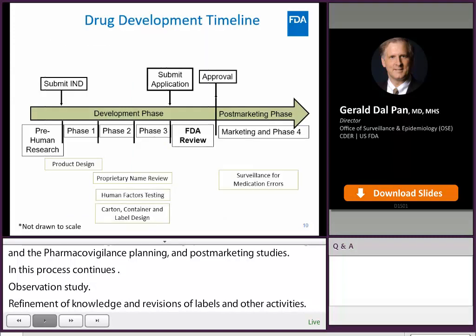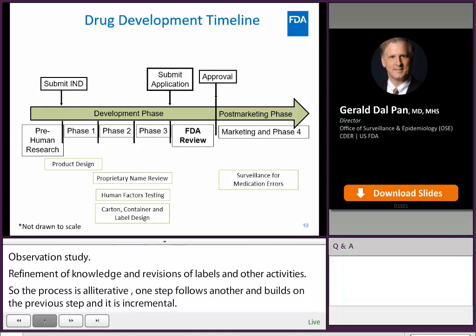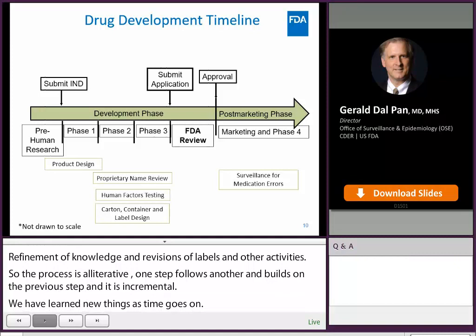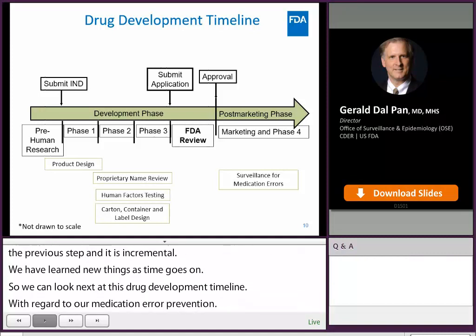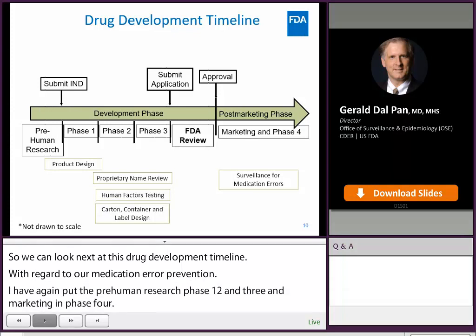So we can look next at this drug development timeline with regard to our medication error prevention. I've again put the pre-human research, phase 1, 2, and 3, FDA review, and marketing in phase 4 on the right. So very early in development, before even phase 1, it's important to consider product design.